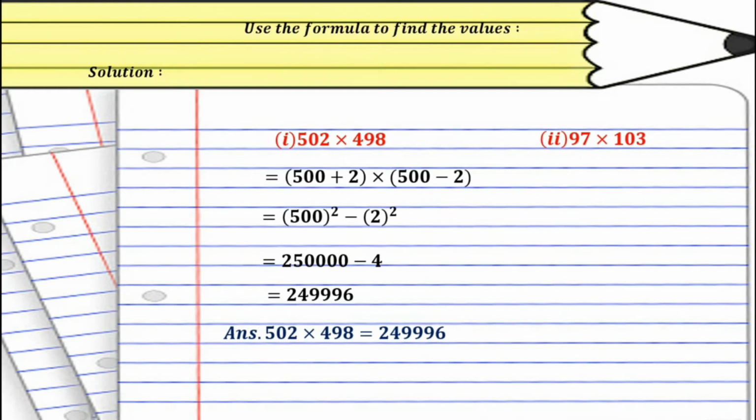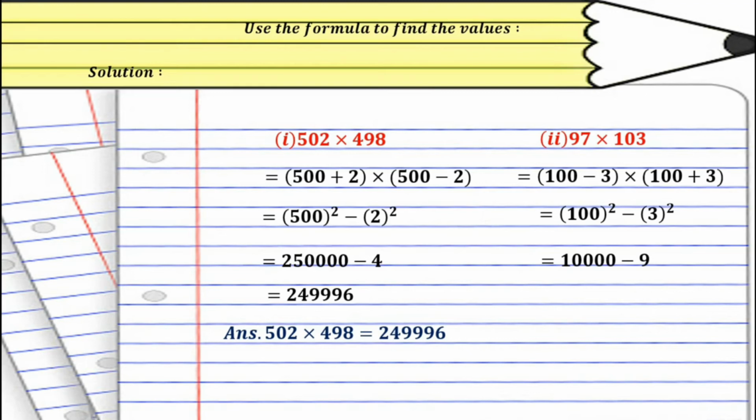And the next question, 97 into 103. So you will see here that (100 minus 3) into the second bracket (100 plus 3). Okay, so you will see here that 100 raised to 2 minus 3 raised to 2.